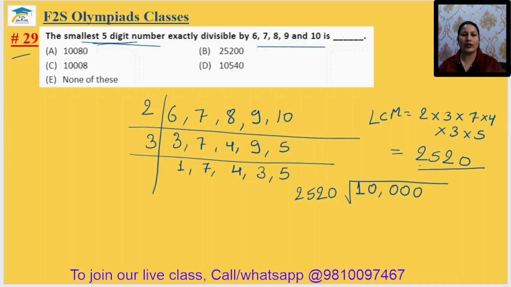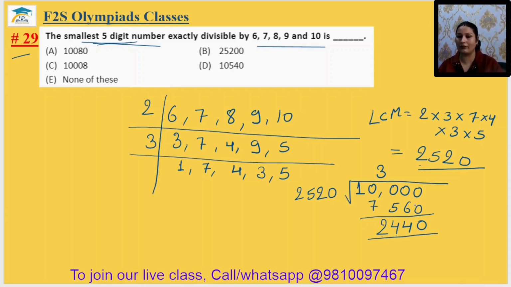So 2520 3s are 7560. 0 minus 0, this is 0, 10 minus 6 is 4, 9 minus 5 is 4 and 9 minus 7, that is your 2. So 2440.